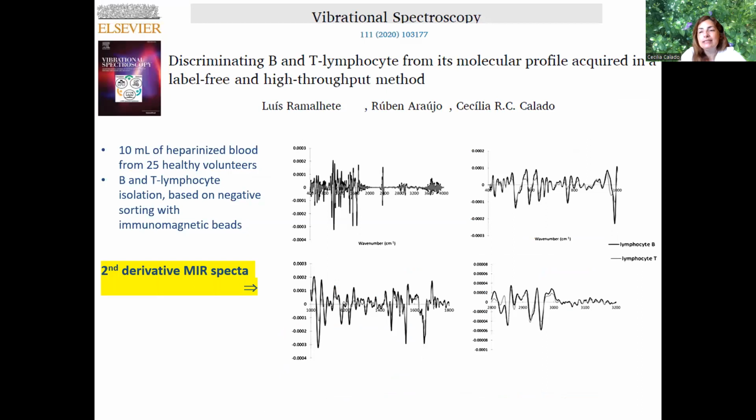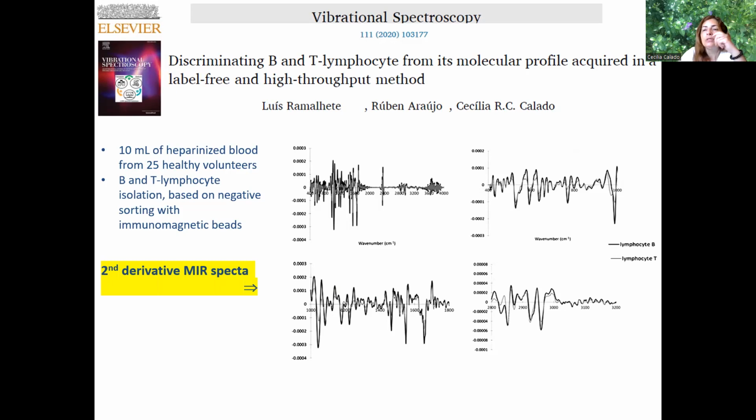We also applied this to immune cells. So instead of looking at the serum, we started to look at immune cells, because understanding which immune cells are predominant in a certain type of disease is critical. For instance, in transplant patients, people that receive a transplanted kidney, the mechanism of rejection is important to understand, because depending on the immune cells that are associated, the therapy is completely different.